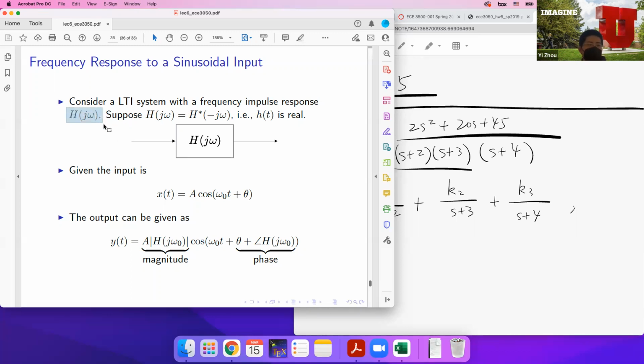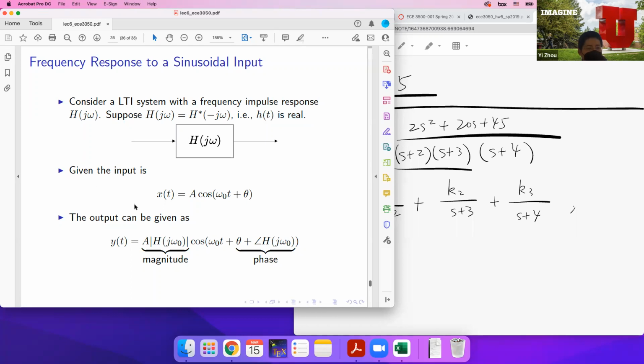Okay, so given this capital H, suppose it is conjugate symmetric, which means that the underlying impulse response signal is real valued. We have a property of the Fourier transform saying that if a signal is real valued, then the corresponding spectrum satisfies this conjugate symmetry property.